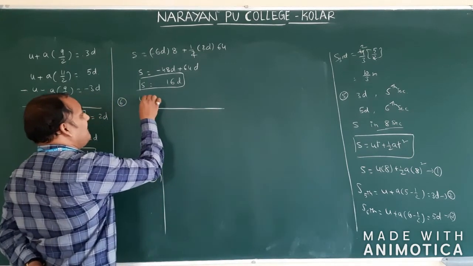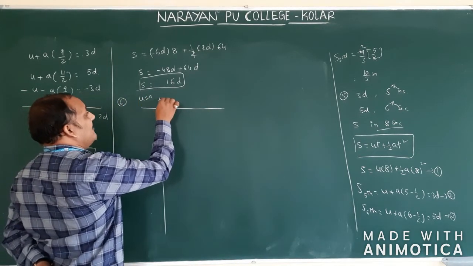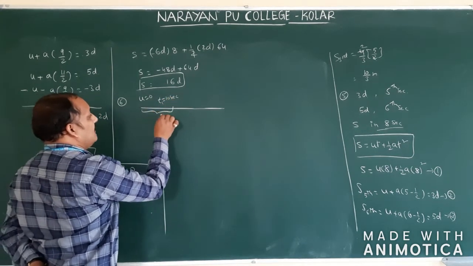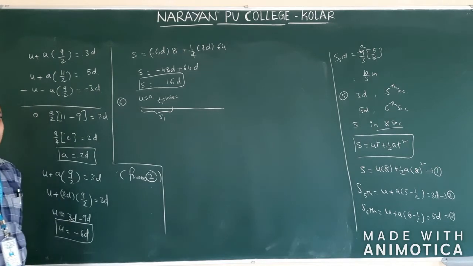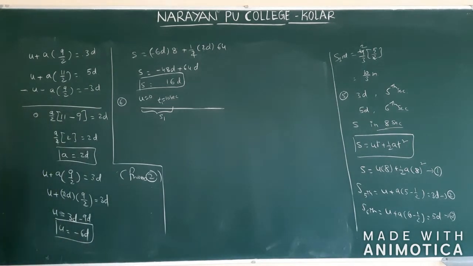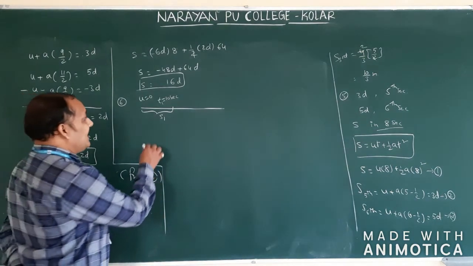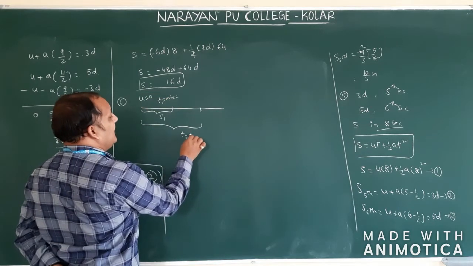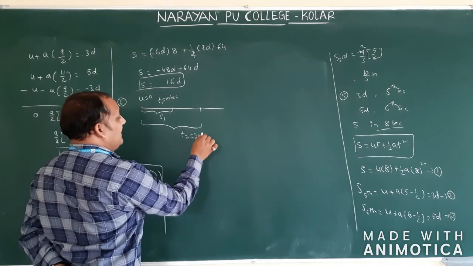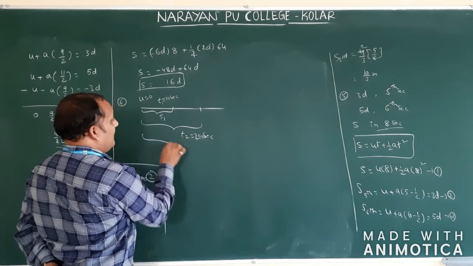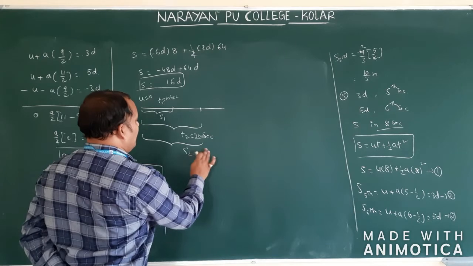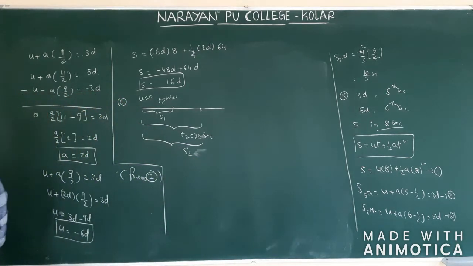An object starts from rest. In the first time, t1 is equal to 10 seconds, then the distance is S1. Next they said, and covered in first 20 seconds, so again time t2 is equal to 20, distance S2.